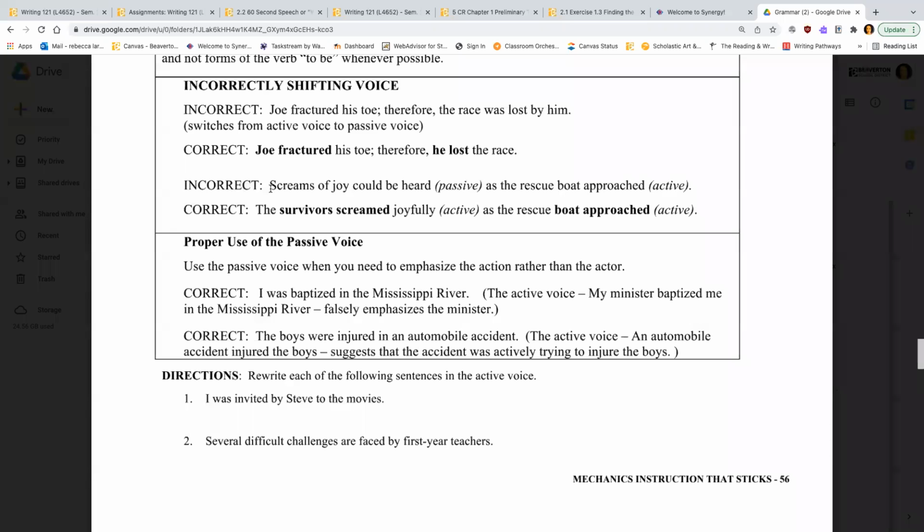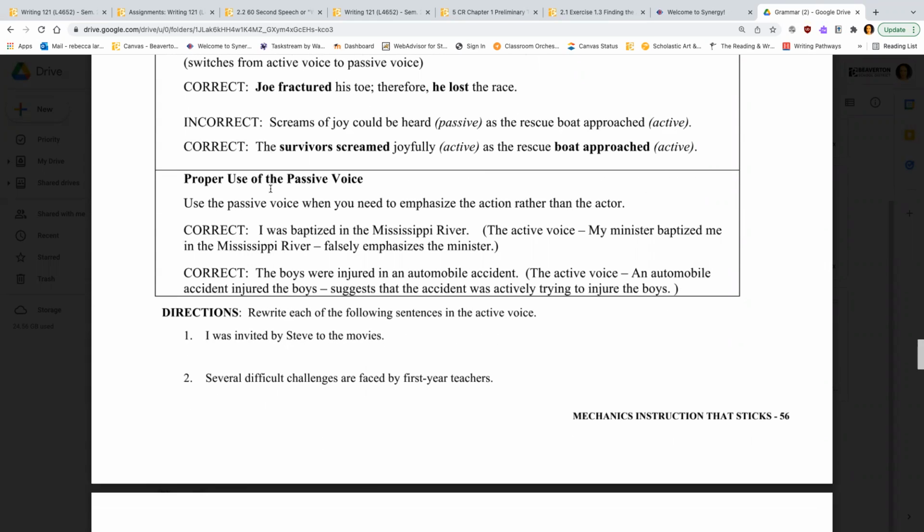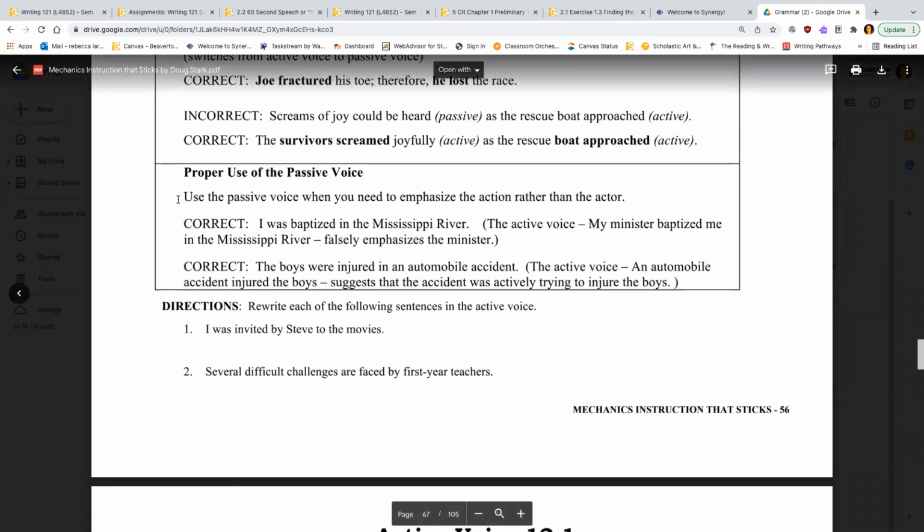And I think that's true of most writing. There's not necessarily right or wrong, but you want to look at the context, your audience, your purpose, and why you're doing things. So you may use the passive voice when you need to emphasize the action rather than the actor. And I want to point out, when you see passive voice, I think the most common place we see it is in the news. Any sort of news article typically is passive voice.